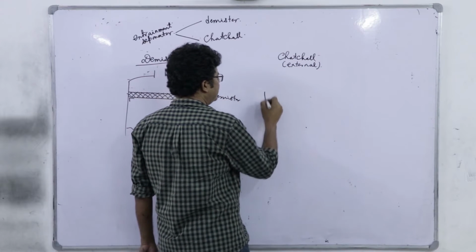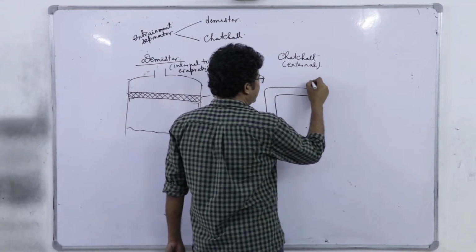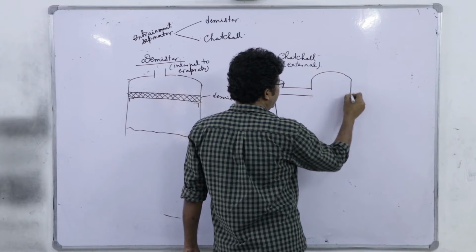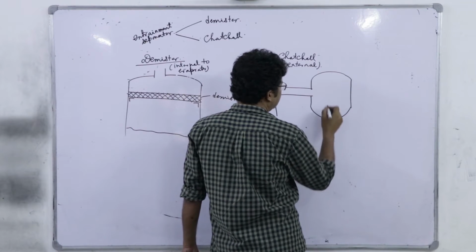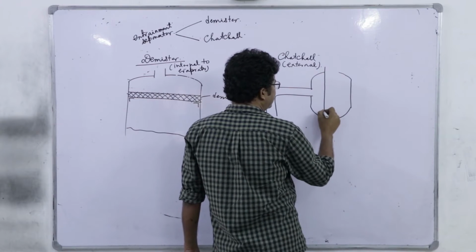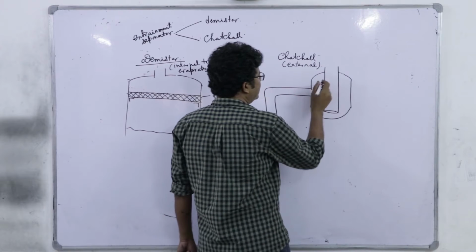Here from this vapor outlet, it goes to a chamber very similar to a cyclone, and we have the final vapor outlet line inserted deep into that chamber.